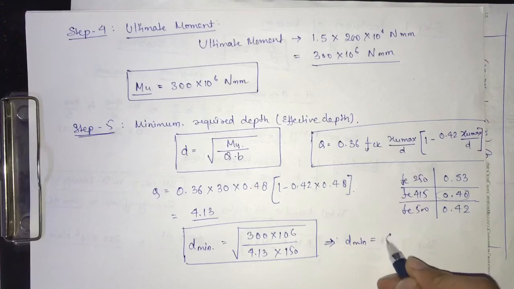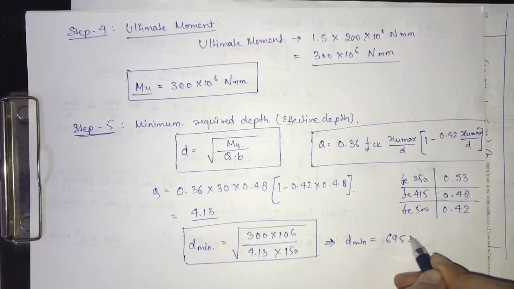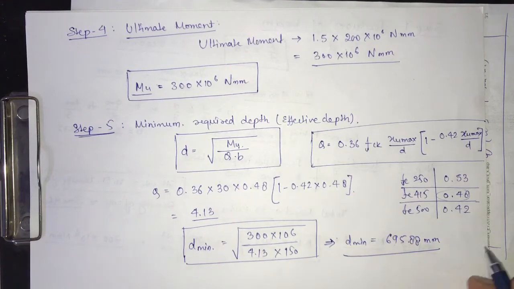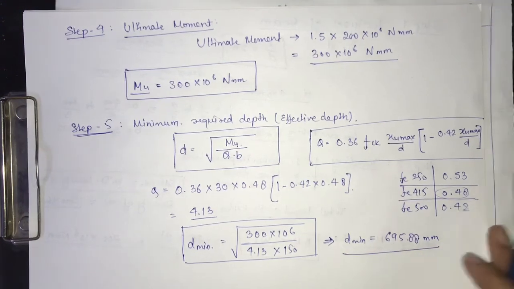It is 695.88 mm. But our assumed depth was less than this depth, and this is the minimum required depth, so we will adopt this depth for our further calculations.